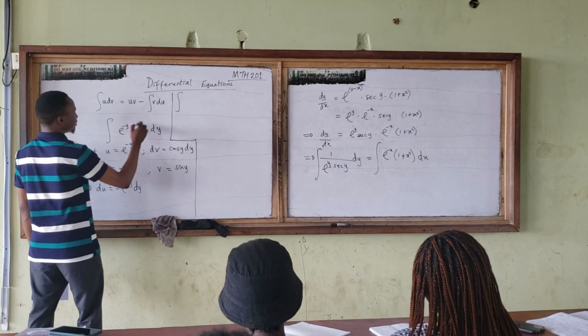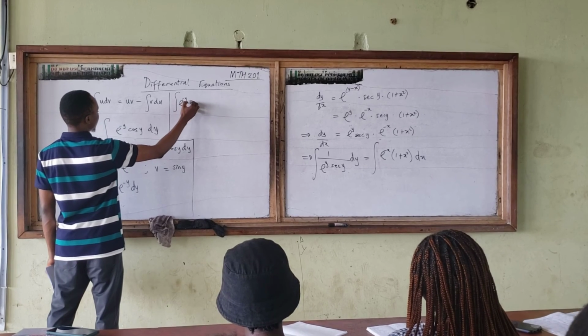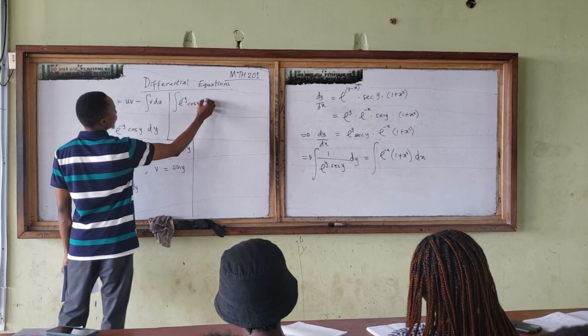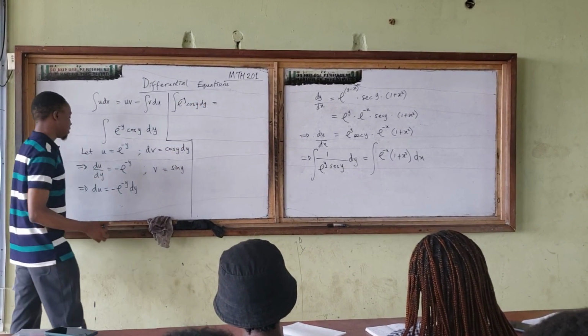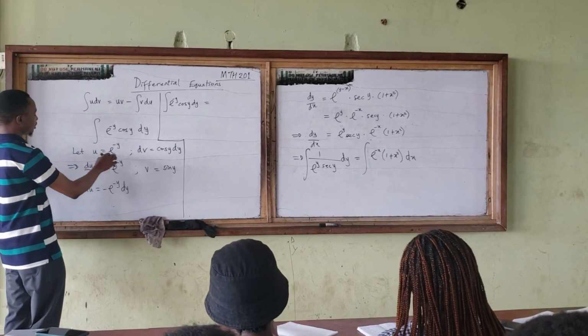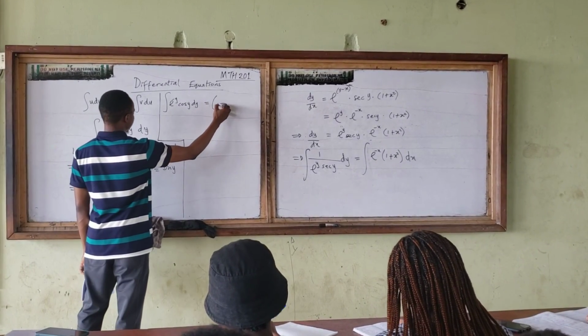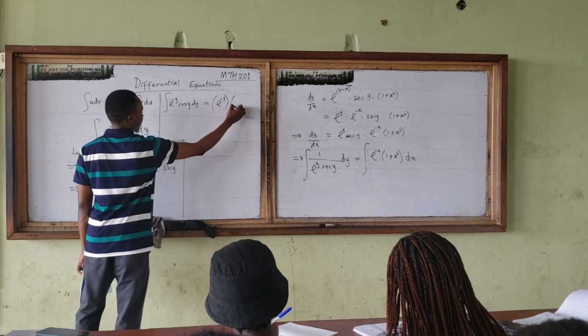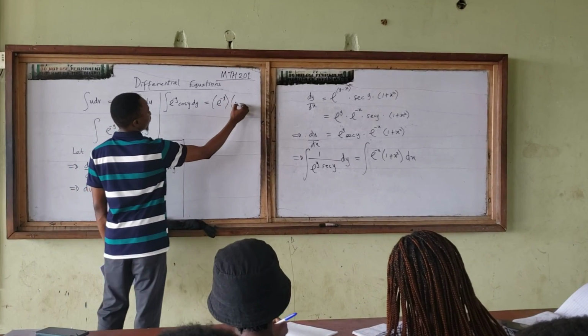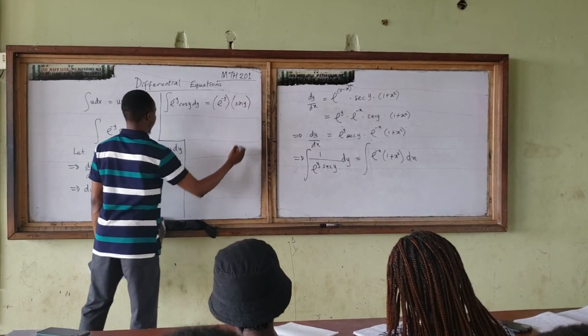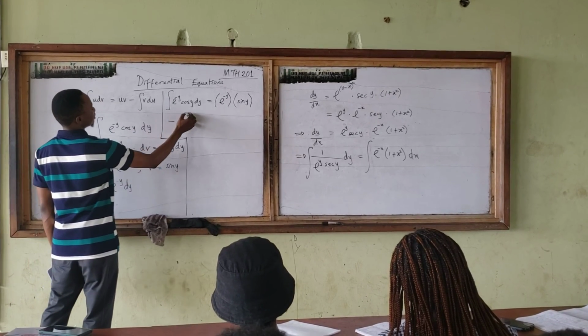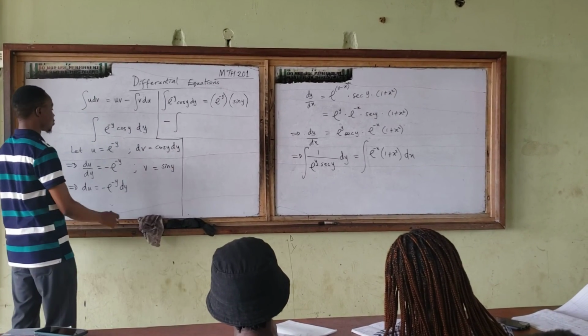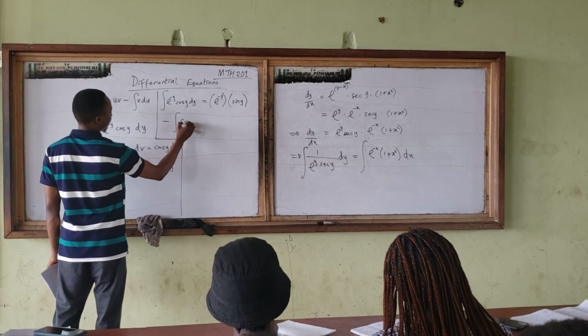Therefore the integral of e raised to power minus y cos y dy is equal to uv. So what is our u? Our u is e raised to power minus y multiplied by v. Our v is sin y. Then minus integral of v du. So what's our v now? Sin y.